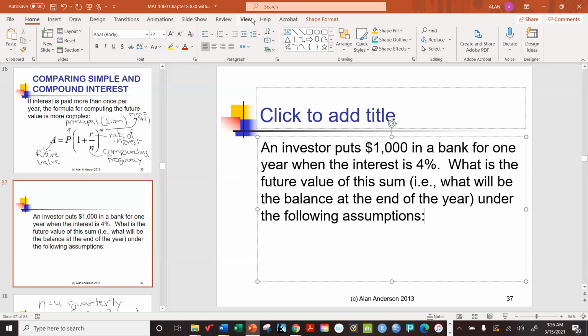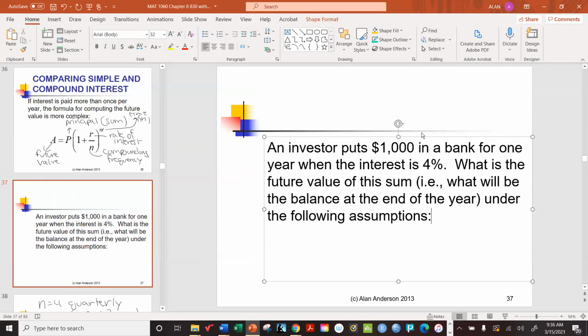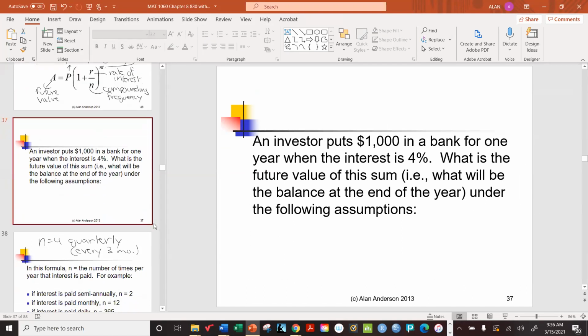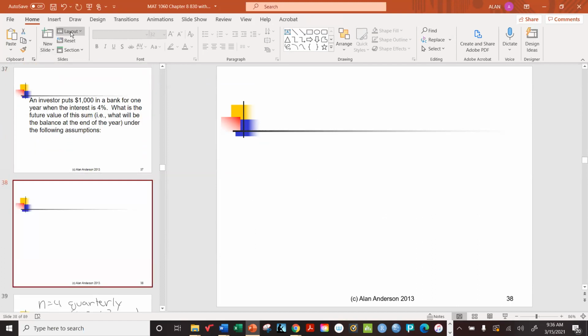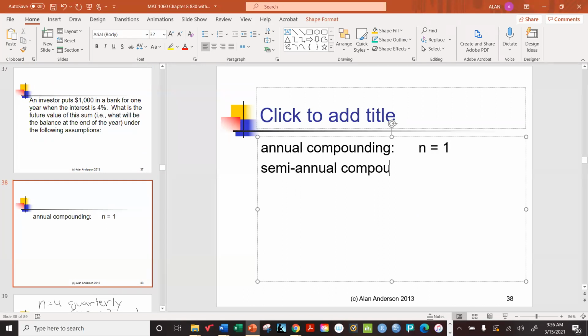Okay, so we're going to do this for 3 times actually. We're going to see how this formula works when N equals 1, semi-annual compounding, and finally, quarterly.